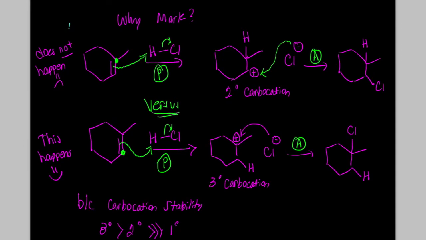we would see that, let's call this pathway A. That goes through the secondary, okay? That's going to be higher in energy, okay? So we have some starting materials, right?